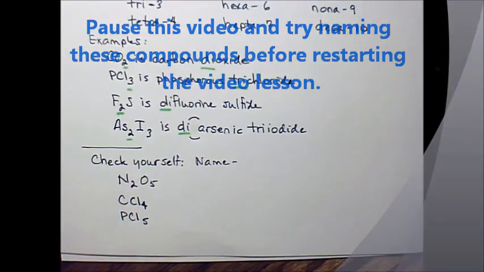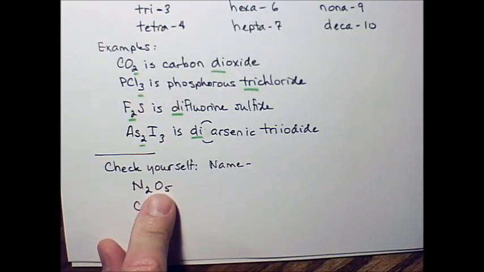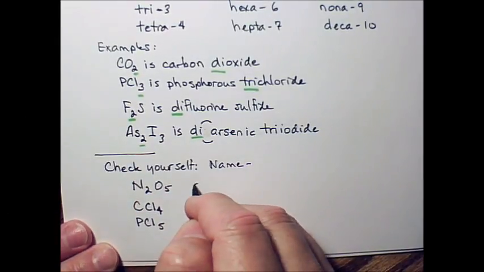Okay, so name these three compounds. Dinitrogen pentaoxide. Okay? Now listen, please.